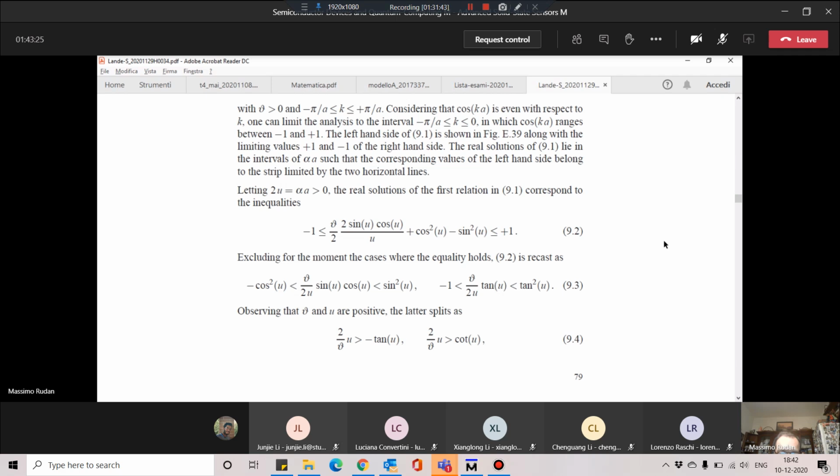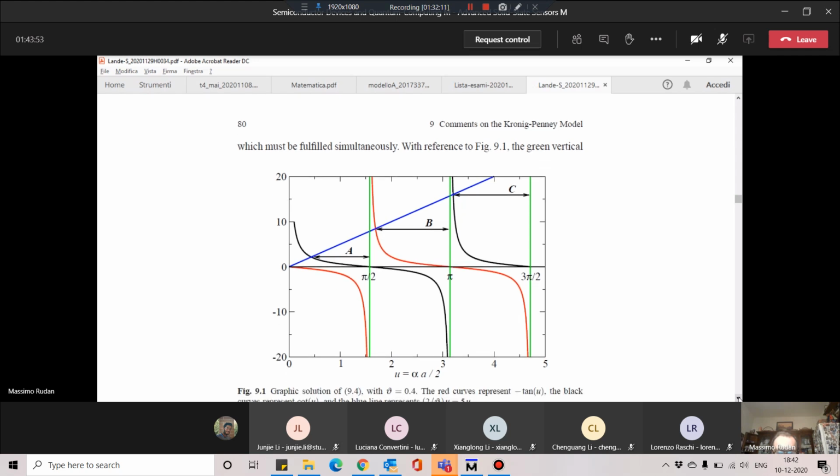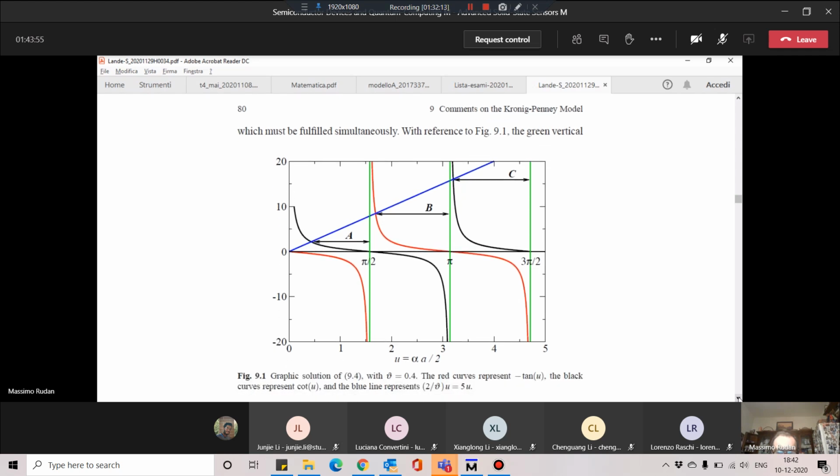So this must be larger than minus the tangent of U, and at the same time it must be larger than the cotangent of U. If we try to represent graphically these conditions, we find a figure that shows immediately why we have the bands. This is the figure.